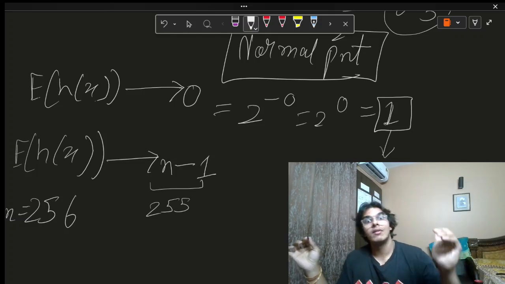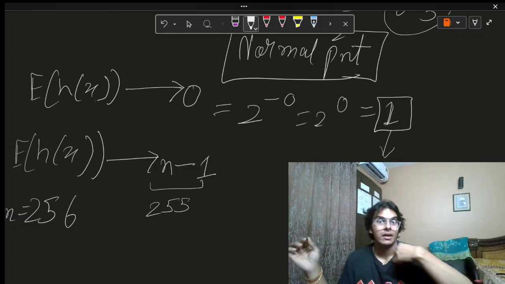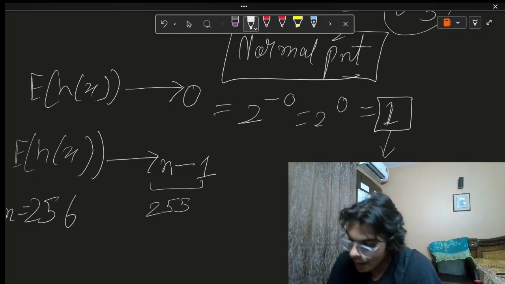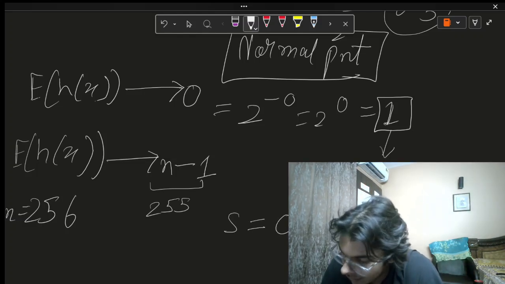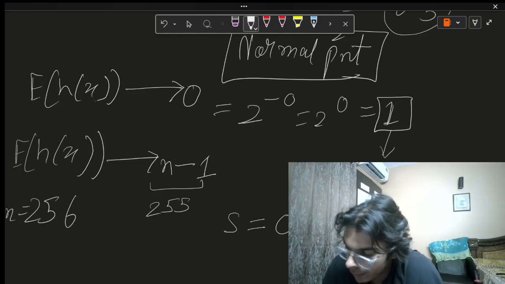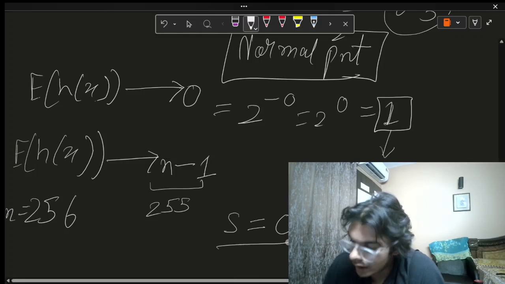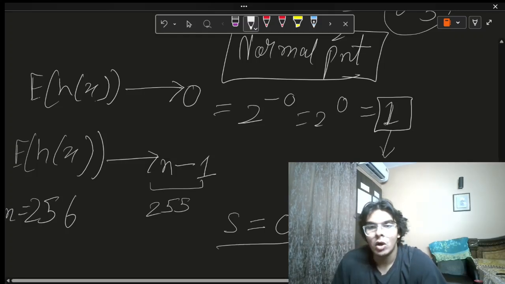Okay, so we have traveled almost the entire tree. So in this case, the anomaly score S is basically going to be 0. And in this case, we can say this is like a deeply normal point. Okay, so a deeply normal point means that it is part of a very, very dense cluster. So this way we can conclude this is a deeply normal point.